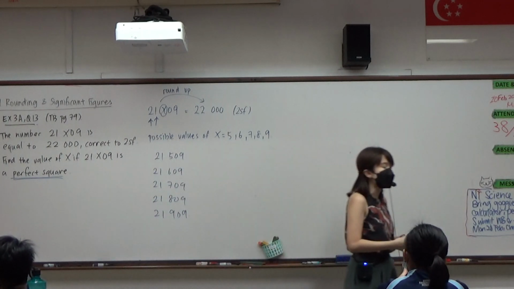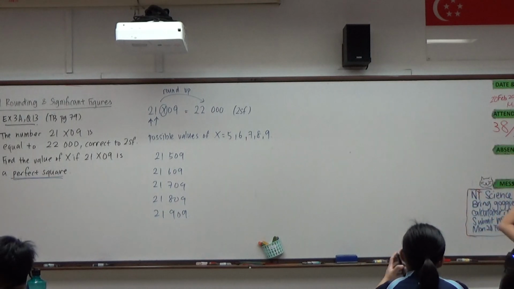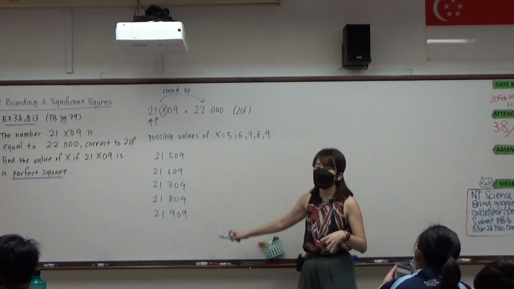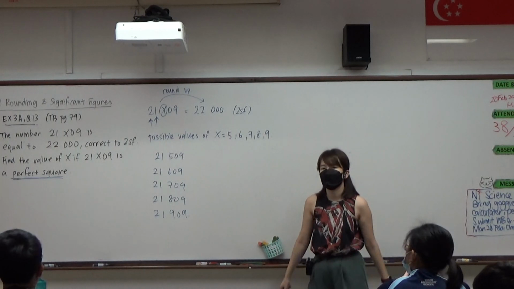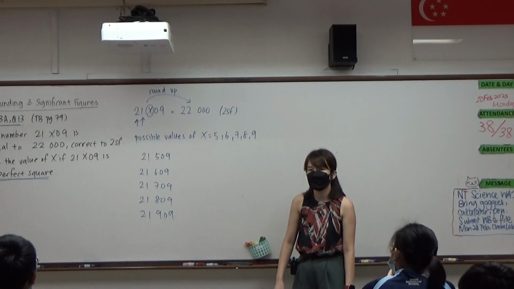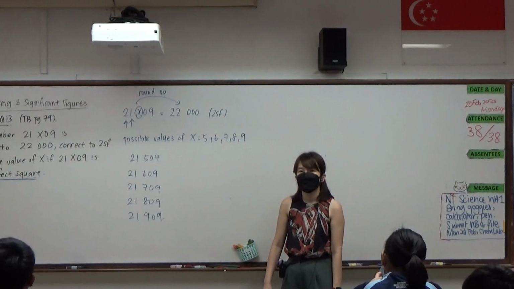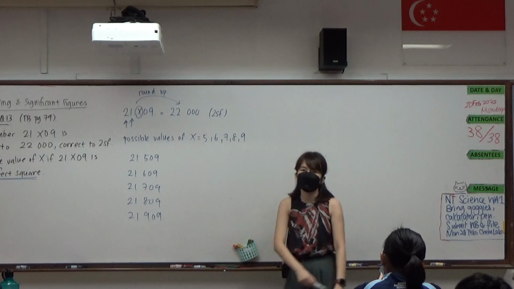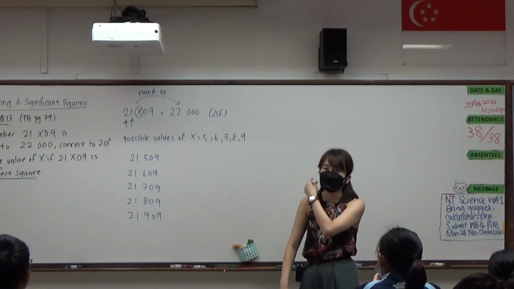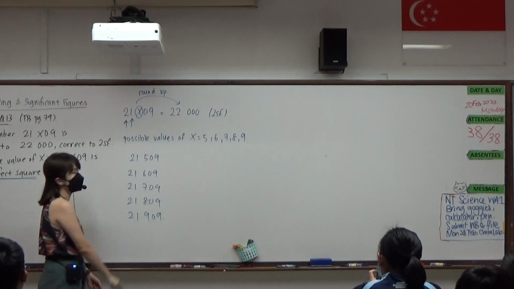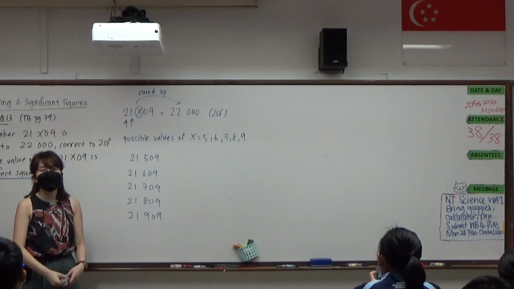Okay? How do we check which one is a perfect square? Kenny, what do you think? How do we check which one is a perfect square? What will you do to check which one is the perfect square? Square root, right? Okay. So what we can do, we just take square root of all these numbers. Okay, see which one will give us a whole number.